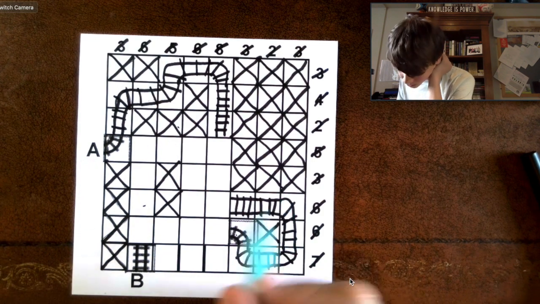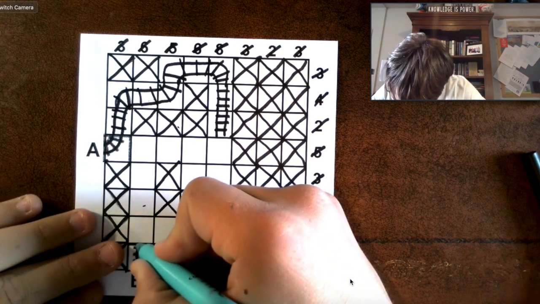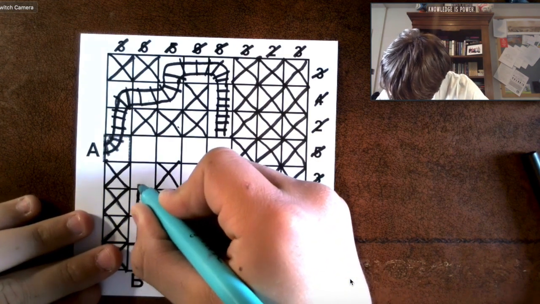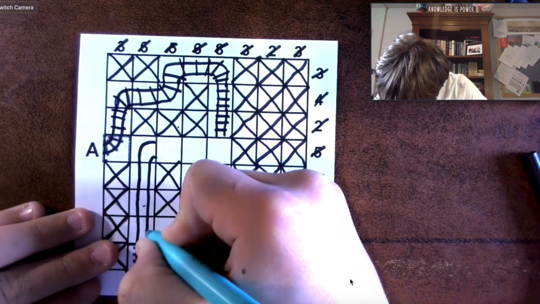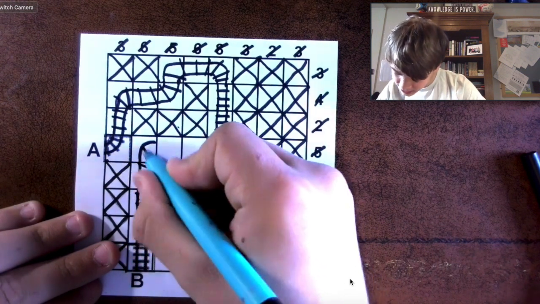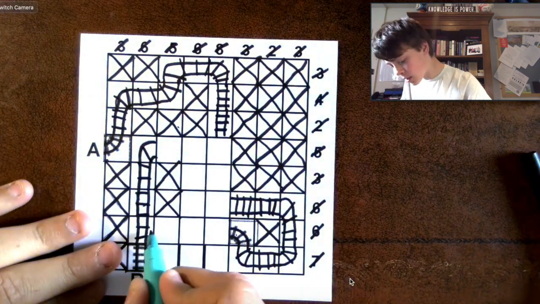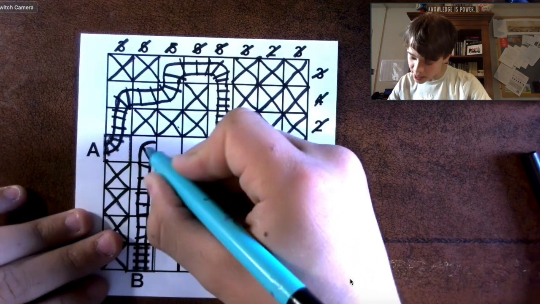Right. So, this piece here from B has to come all the way up and turn around this corner. And the reason for that is, if it were to turn right down at the bottom, then there would be no way of getting to these squares.